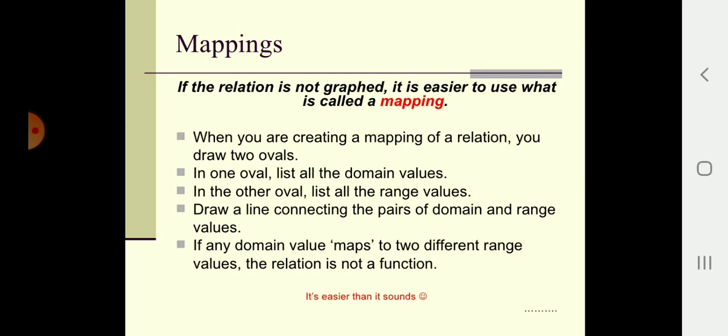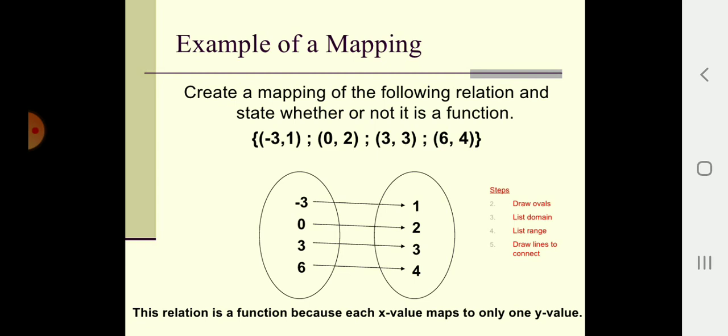If any domain value maps to two different range values, the relation is not a function. It is easier than it sounds. So here is an example of a mapping. Create a mapping of the following relation and state whether or not it is a function.